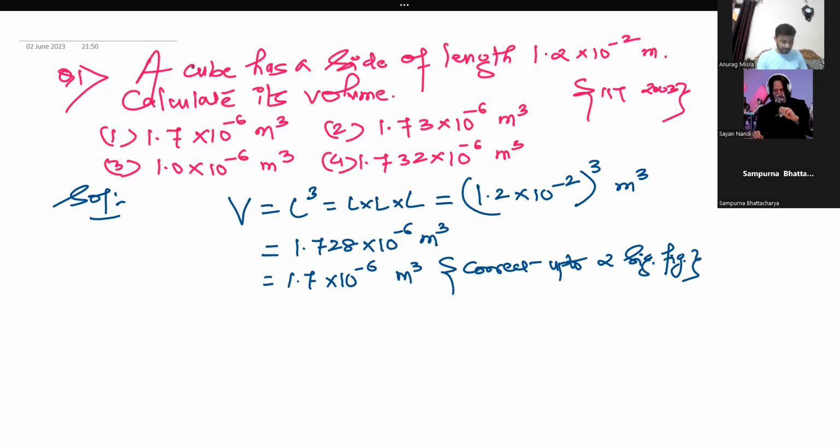The next one that we have. Next one is from NEET.